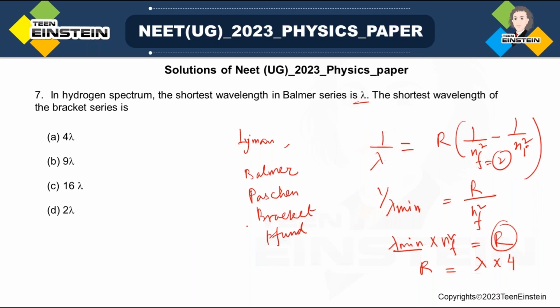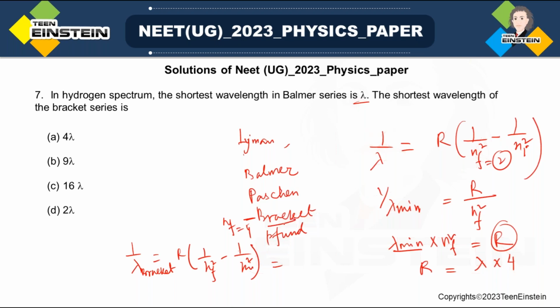Then we have to find out for the Brackett series. Here nf will be 4. So 1 over lambda is equal to R into 1 by nf square minus 1 by ni square. In this we are writing for the Brackett series.